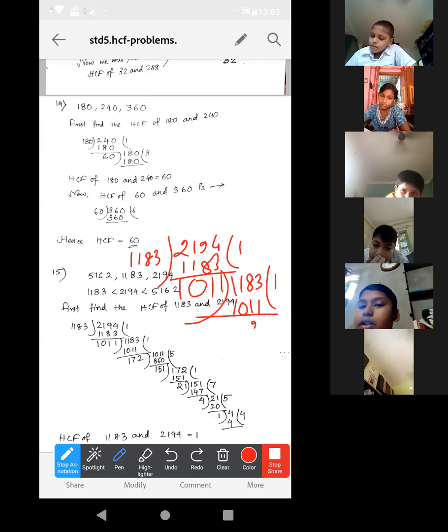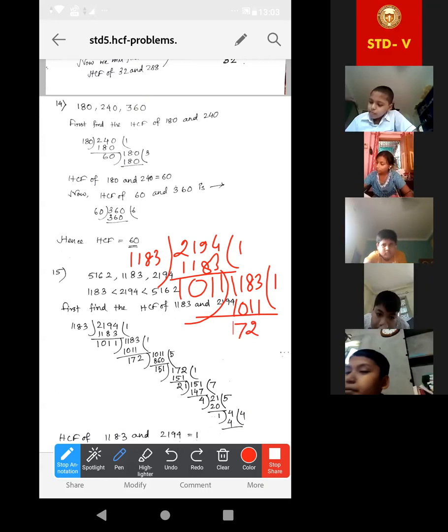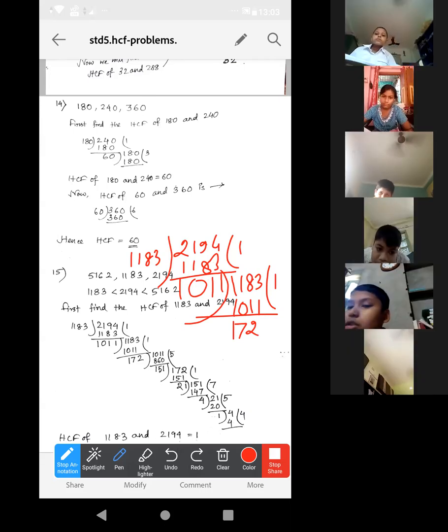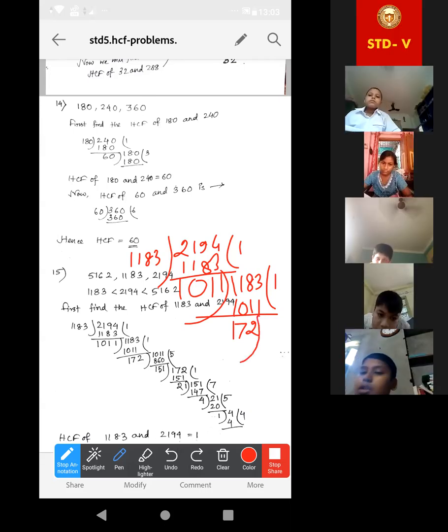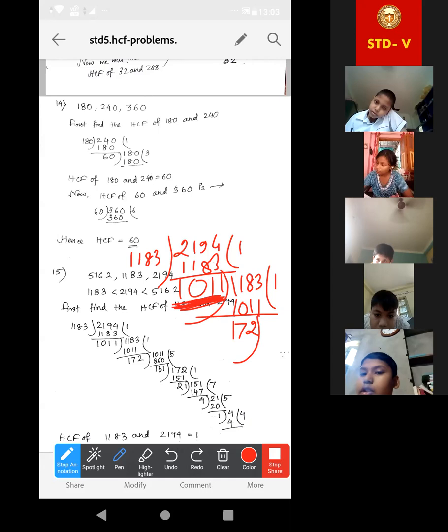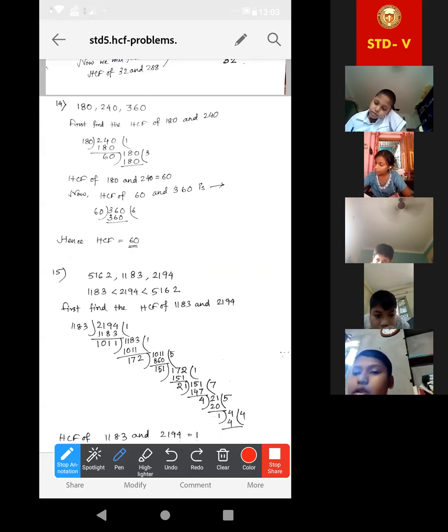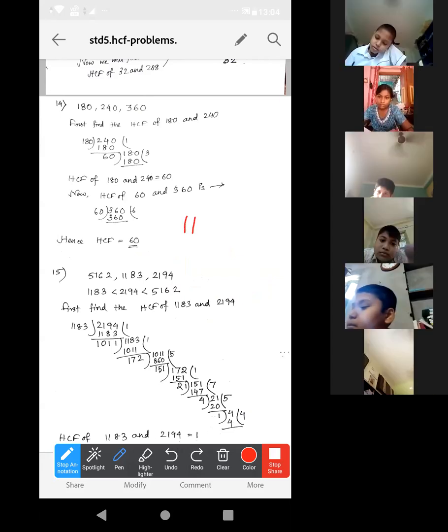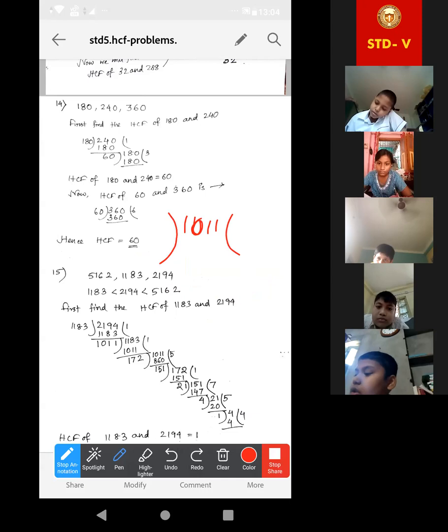This is 2, 7 and 1, 172, right? So by this 172, we have to divide this 1011. Now continue this process until we are getting 0. 1011 by this 172.